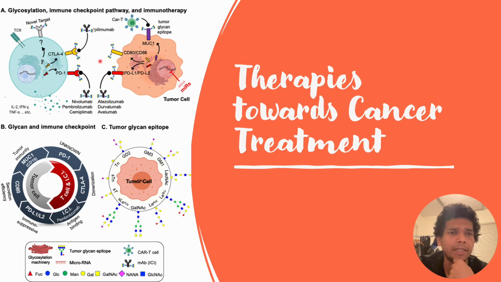So the therapies are targeting to block this kind of inhibitor with the help of antibodies, and some of the FDA approved therapies for this immune checkpoint inhibitor are atezolizumab, durvalumab, and avelumab. So these are some of the therapies that work on deactivating these receptors on the tumor cells.